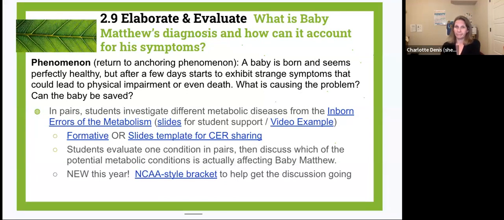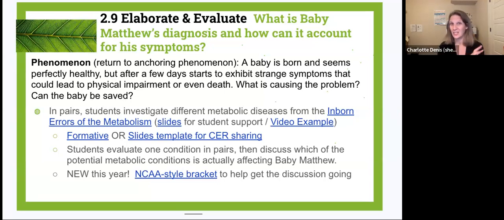That he has a defect in a protein that is supposed to do something with his metabolism that is not working correctly. We know it's his metabolism because something in his excretions has a very odd odor, and neither of his parents are affected by this.